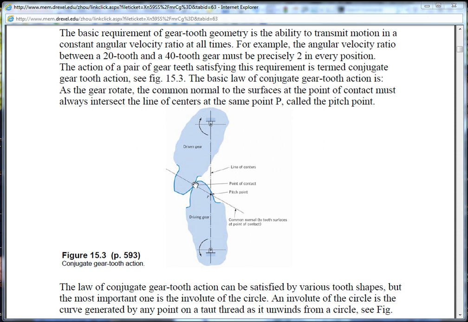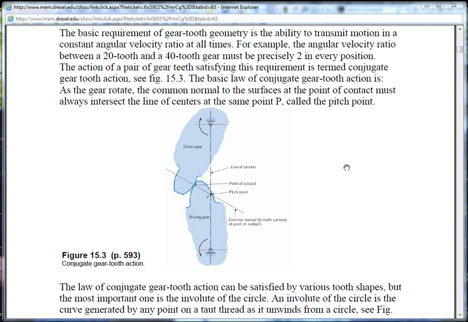They can't pass through each other, and the tangential velocity is going to be a function of the radius and the angular speed of the gear. So if the position is changing, then it would seem that to maintain the same constant ratio between the angular velocities would not be possible.